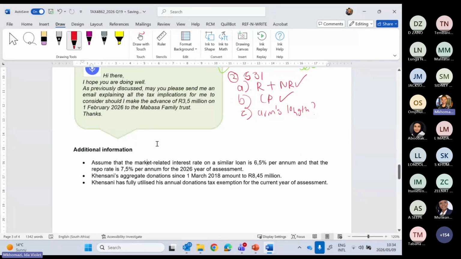But if you look at the additional question, they are telling us that the market-related interest rate for a similar loan is 6.5%. So this tells us that Kensani charged a low interest of 3%, which is not market-related. Therefore, we cannot say that this transaction was at arm's length. As a result, it meets the definition of affected transaction in Section 31.